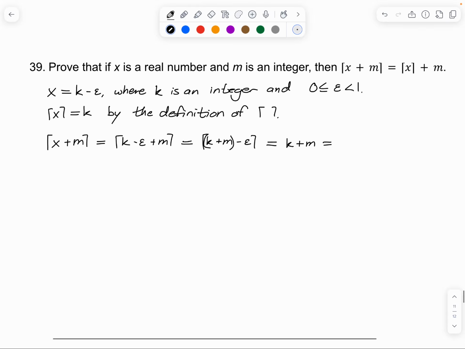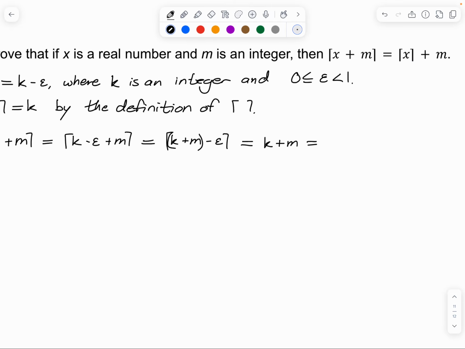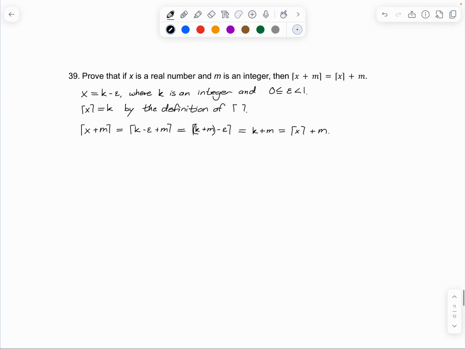And if you remember one line ago, I wrote this. K is the ceiling function of x. And that actually does what I want it to do. I said that the ceiling of x plus m is equal to the ceiling of x plus m. And that is the beginning and the end of this line.